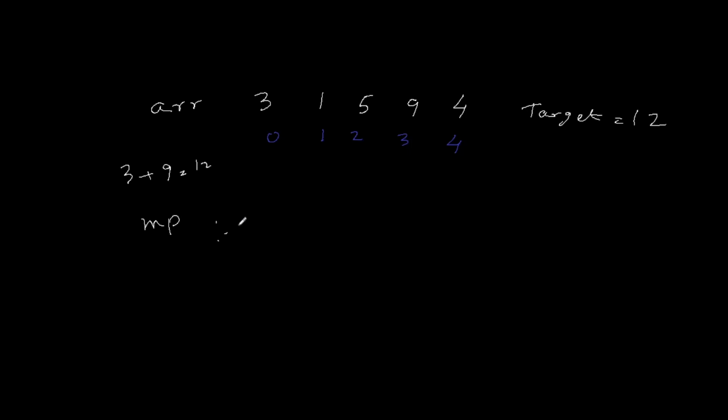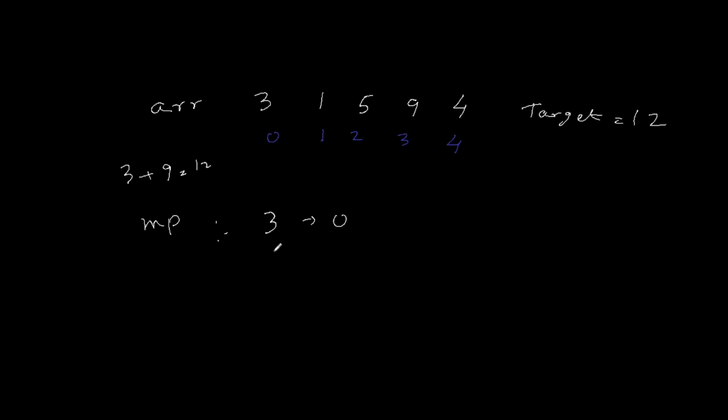So for that, we check in the hash map whether 9 is present. We see that 9 is not present in the hash map. So what we do is add 3 to the map and store the index of 3 in the map, which is 0. Now we take the element 1 and we see that we need to add 11 to get sum 12. We see that 11 is not present in the hash map.